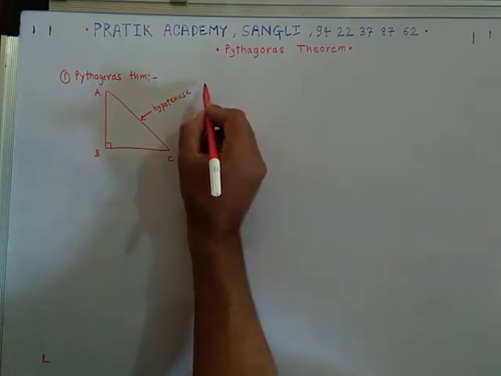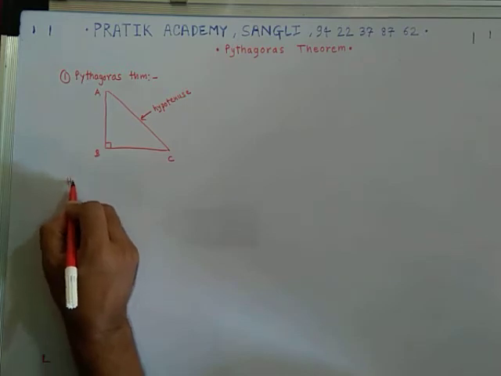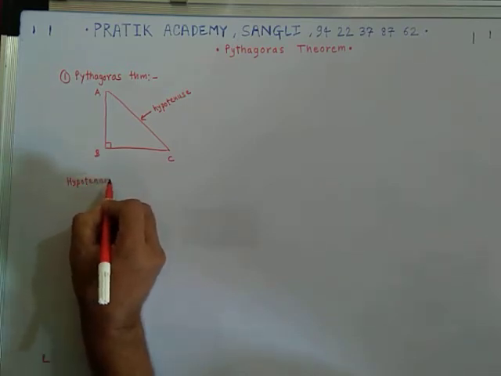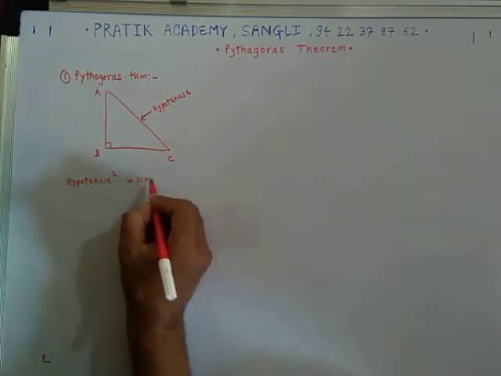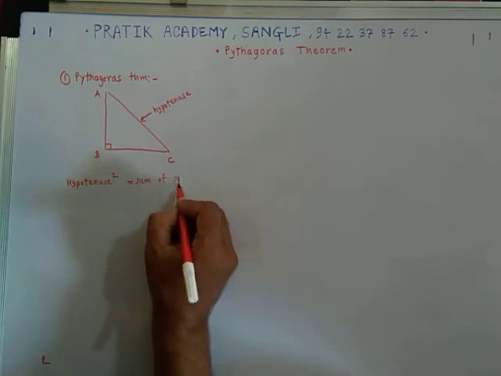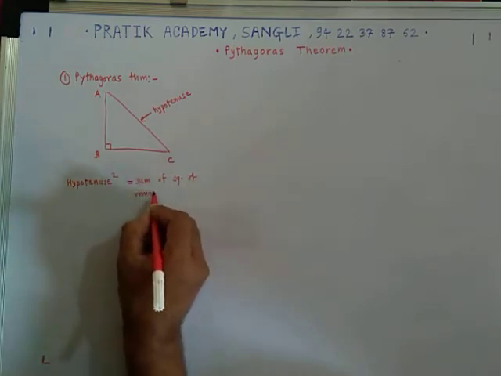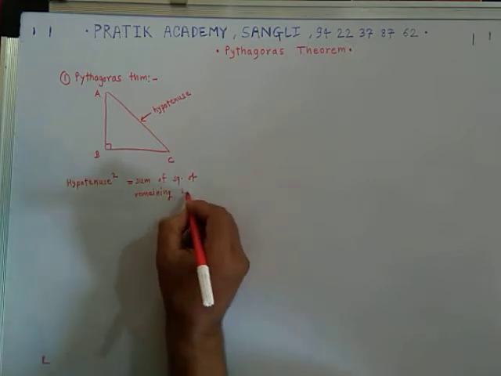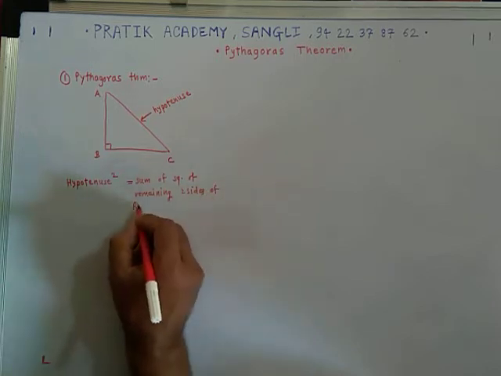Pythagoras theorem states that in a right angle triangle, hypotenuse square is equal to the sum of squares of the remaining two sides of a right angle triangle.